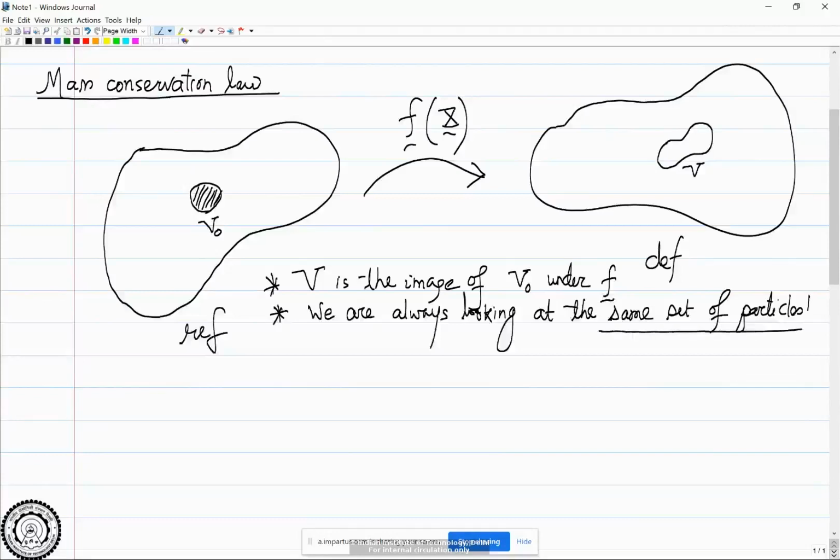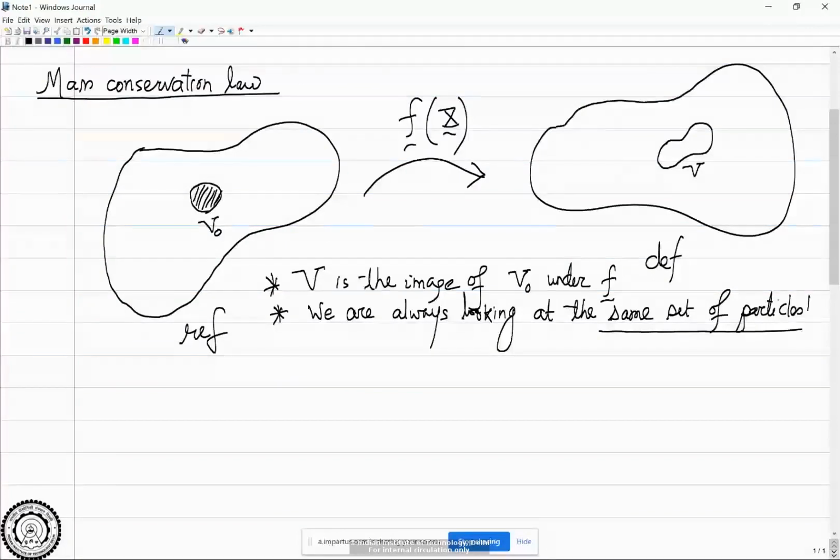Is it a control volume, sir, or control space? Well, it depends on what you call control volume. But this is more like a control mass, because it's the same set of particles. In fluid mechanics, they say it's a control volume if your volume is fixed in space and not changing with time.